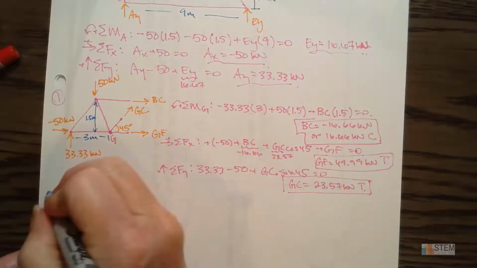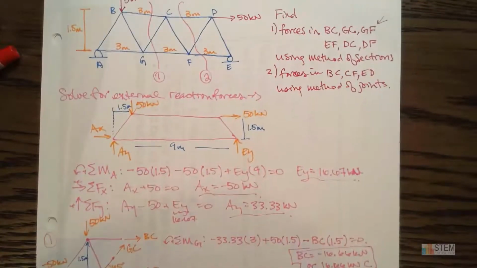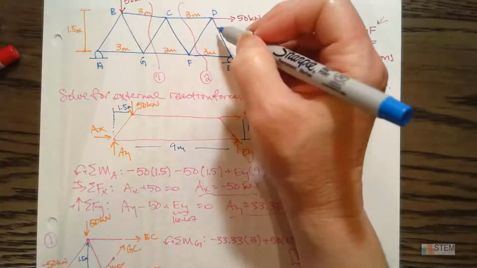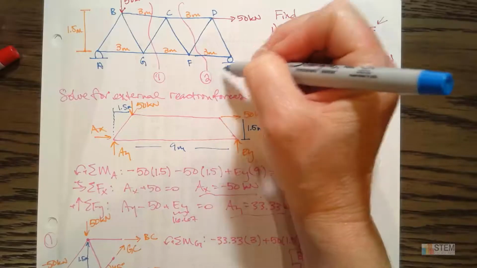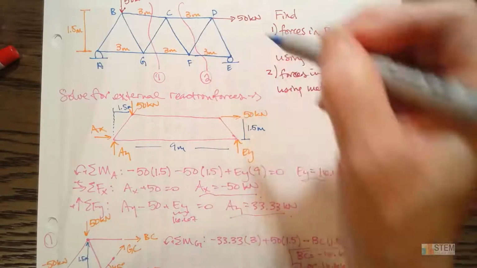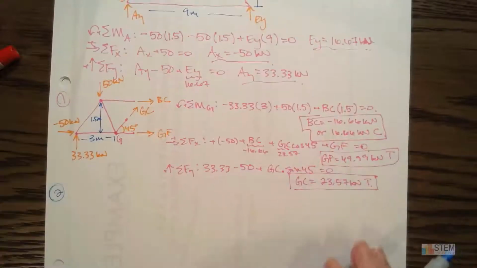So let's do that one. All right, so let's, wish I could fit this all on the same screen here. So let's look at this. So we're cutting right through here. So we're going to have these 3 unknowns. I've got this roller at E, and then I've got that 50 kilonewton force.